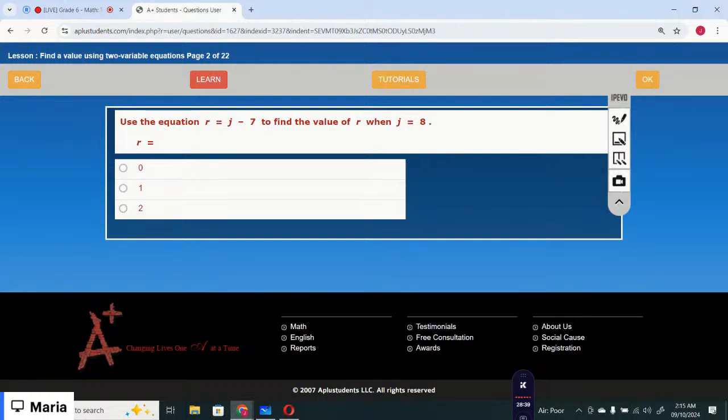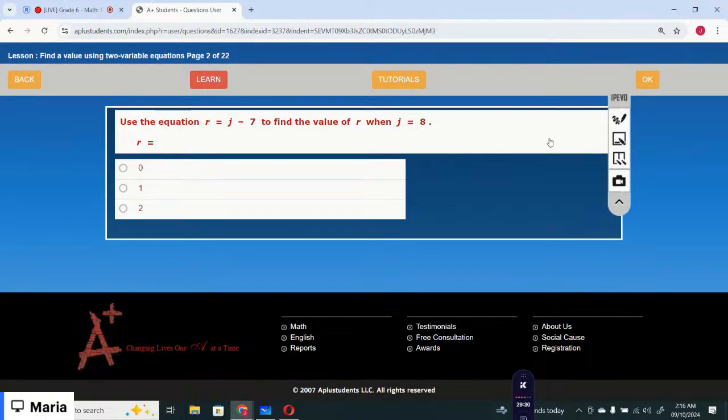Use the equation r equals j minus 7 to find the value of r when j equals 8. So which is the correct option?